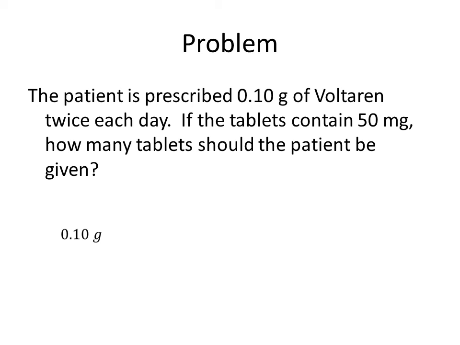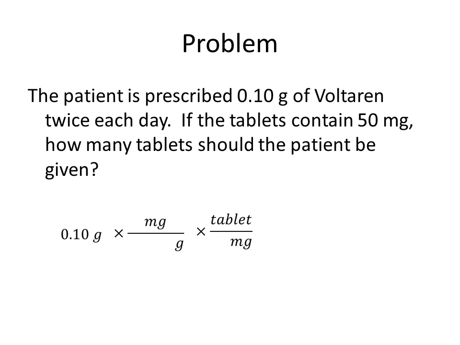So now what we need to do is to answer tablets, our unit sequence will have to be gram to milligram, and then milligram to tablet. So we set up fractions so that grams cancels out, and we go to milligram, and then milligram cancels out, and we go to tablet. Now I need to make my fractions equal to 1.